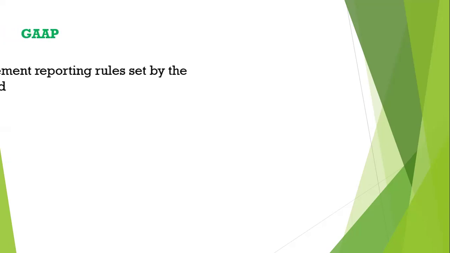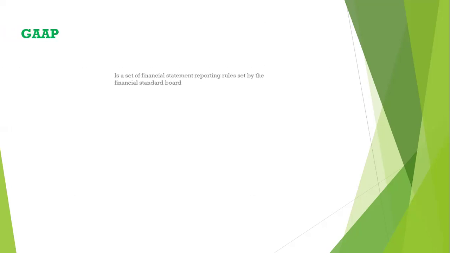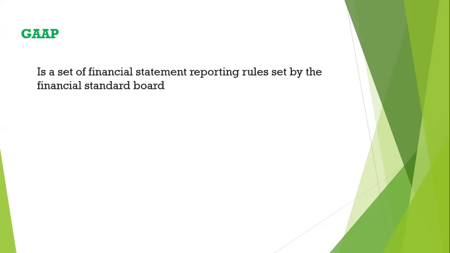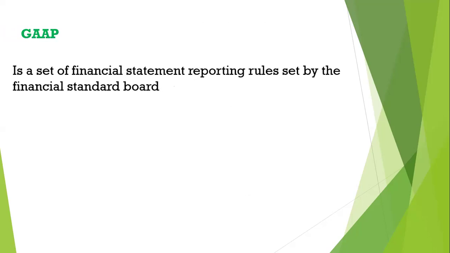So the next thing is the GAAP, Generally Accepted Accounting Principles. This GAAP is the rules. There are financial statement reporting rules set by the Financial Accounting Standards Board. People have to follow this strictly because it can really get them into trouble.